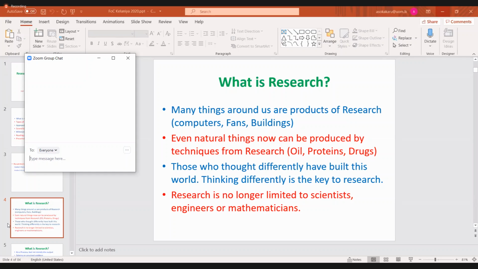Then the point I want to highlight, not like in the early days: nowadays research is not limited to scientists or engineers or mathematicians. Even a shopkeeper may want to do research. For example, suppose you have a small retail shop.